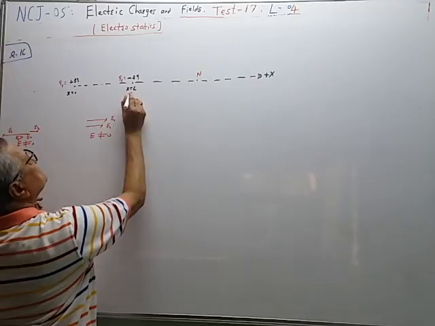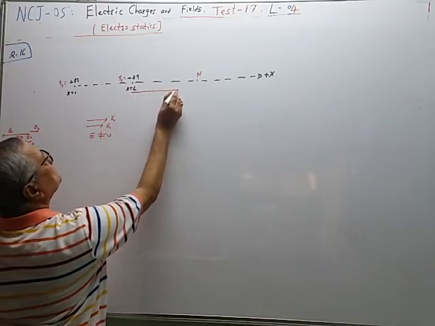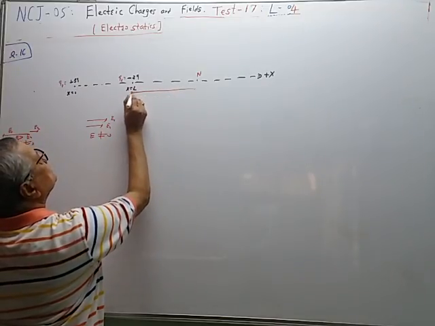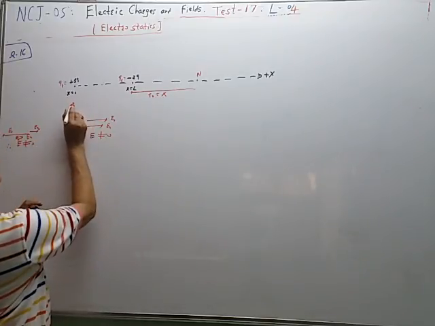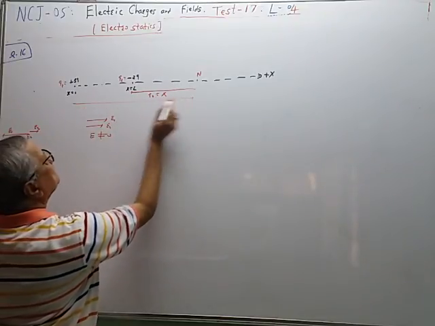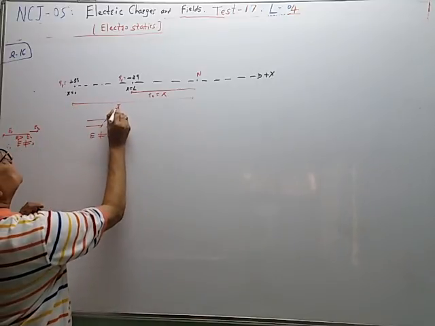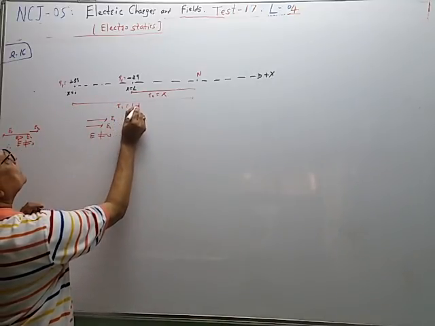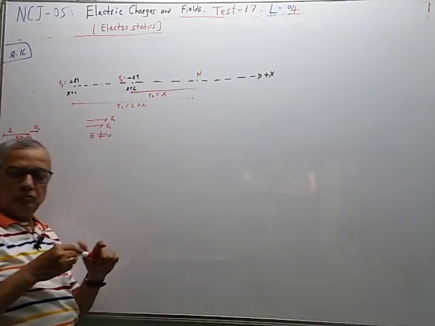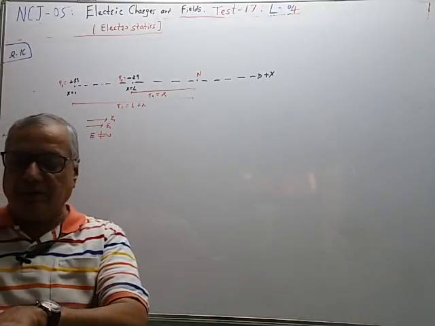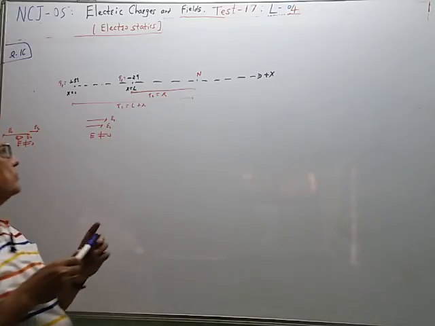So if the distance R2 is equal to x, then the distance R1 is equal to L plus x, this is L. So at point N, the electric field E1 is directed away from positive charge.